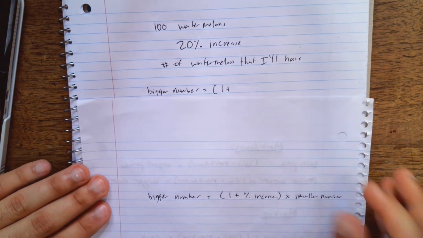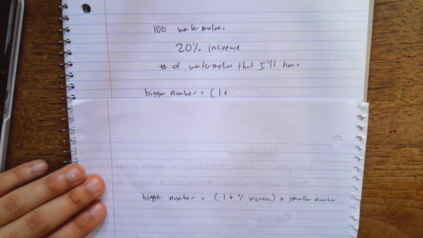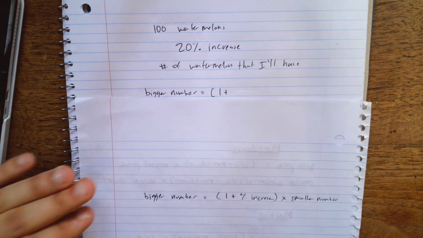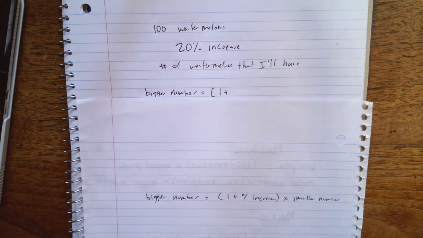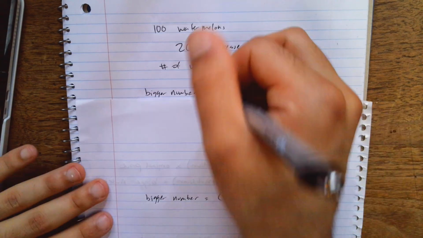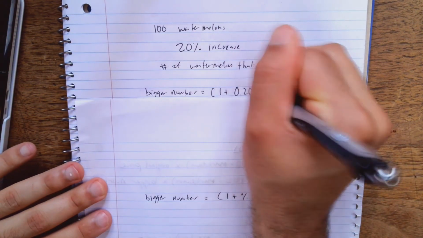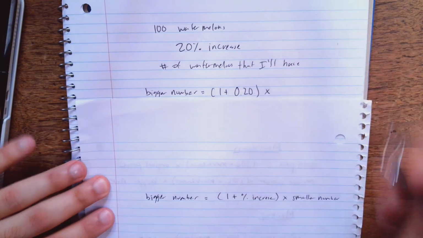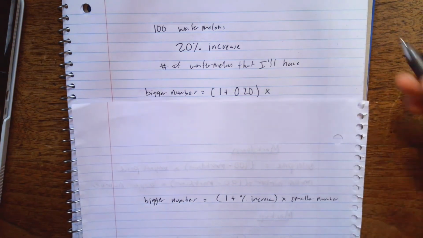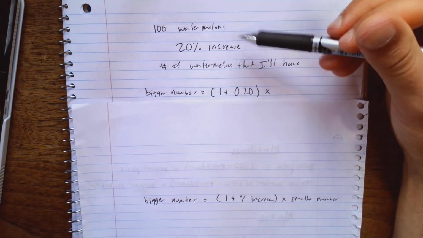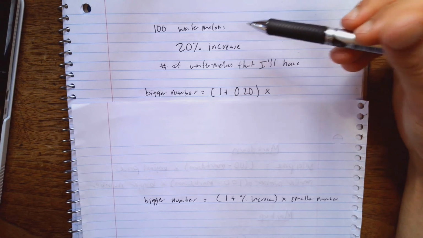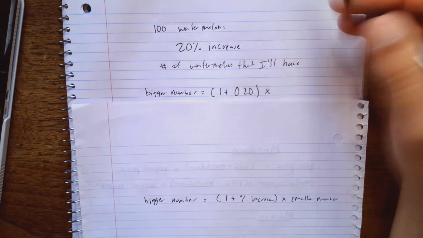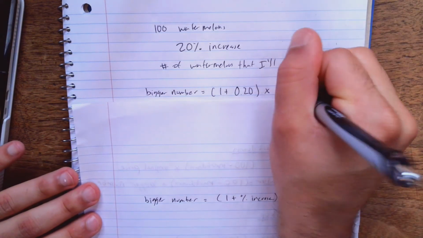And what's our percent increase in this problem? And how can I write that as a decimal? Multiplied by my smaller number. I'm talking about a percent increase, so the number that I'm given is my smaller number. So I'm going to plug in 100 right here.